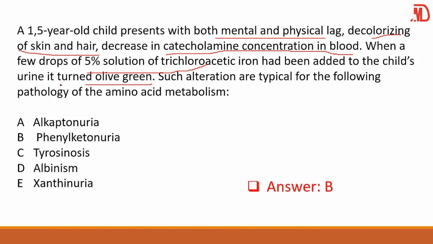So here, we would definitely go in for phenylketonuria. It has to do with a problem with phenylalanine. So here, we simply go in for that, and everything else here points towards it. So your answer is B.